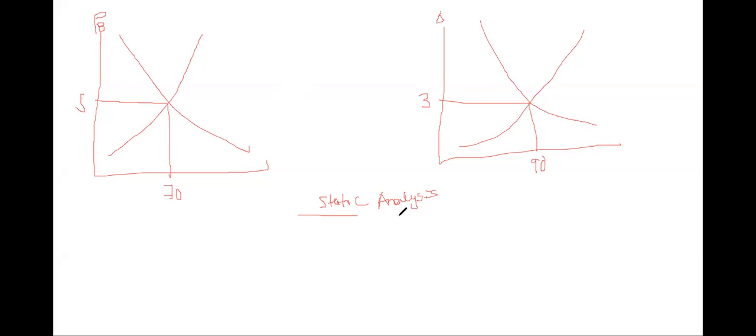But before we even do static analysis, let's go back and look at the equations. It's important to be able to calculate it, but we have to build our economic intuition. It's very, very important.